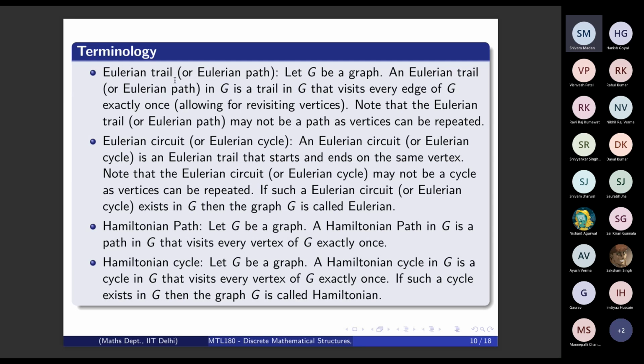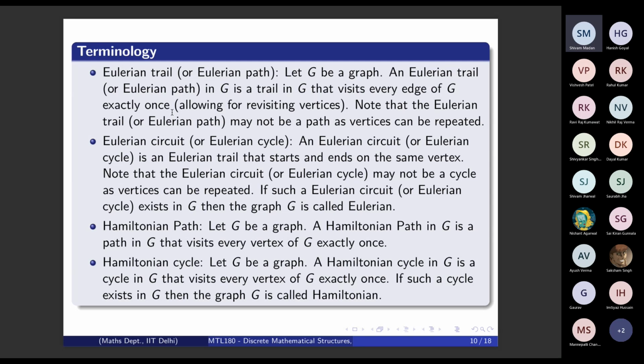So what is an Eulerian trail? Let G be a graph, then an Eulerian trail in G is a trail such that it visits every edge of G exactly once.